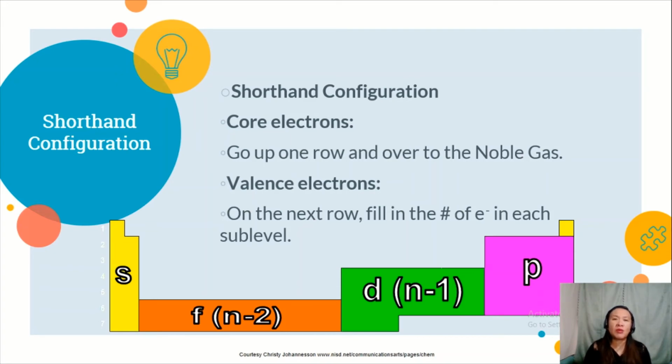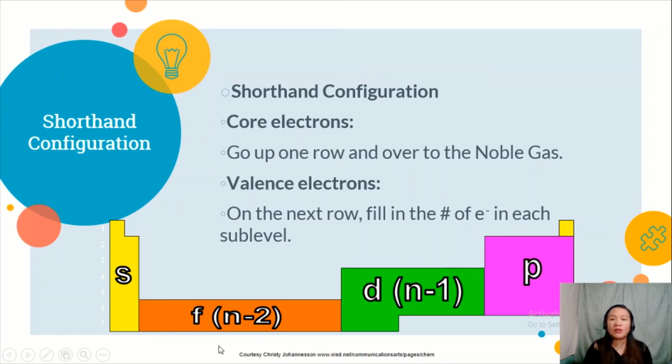Now, please memorize or take note of these different sub-levels in your periodic table. Here in this area would be the S, and as we have mentioned before, the S orbital will have a maximum of 2 electrons. And then here in the lower part of our periodic table are the F orbitals or sub-level.